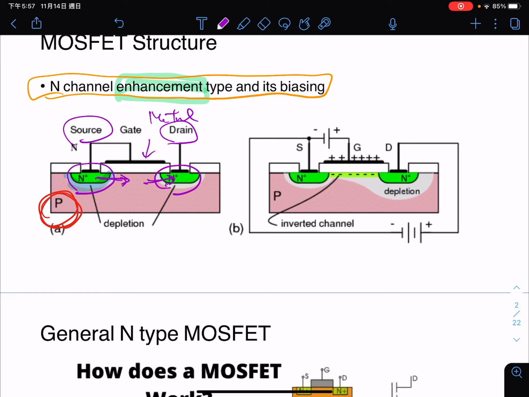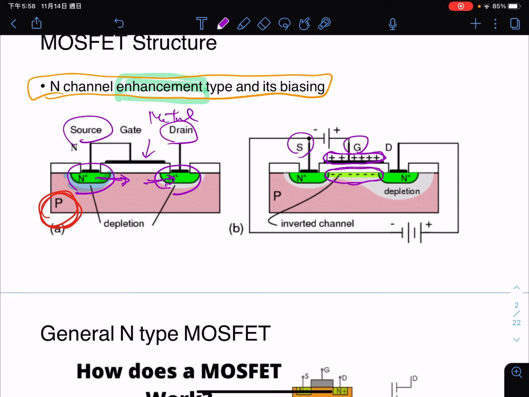But we call this one the enhancement type. If we put a positive voltage between the gate and the source, we have positive charge here, and the N-type material, I mean the electrons, will be attracted to this region.